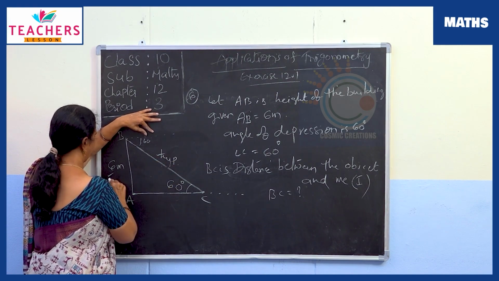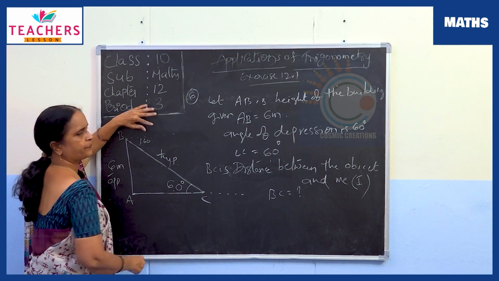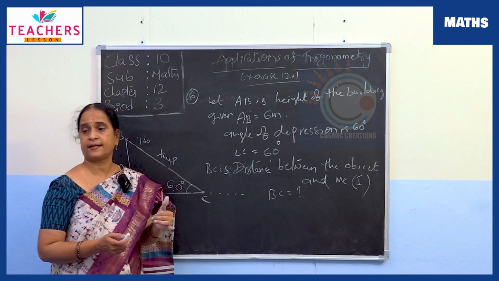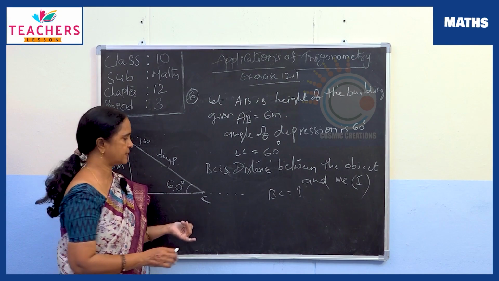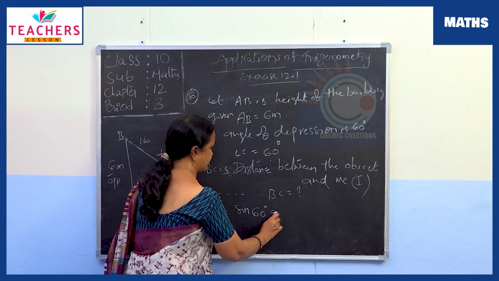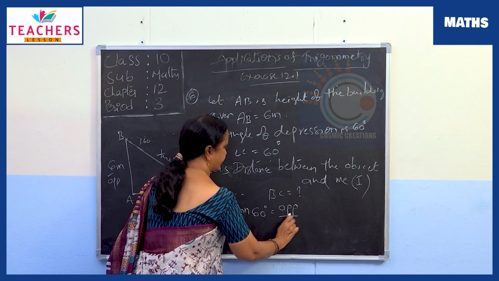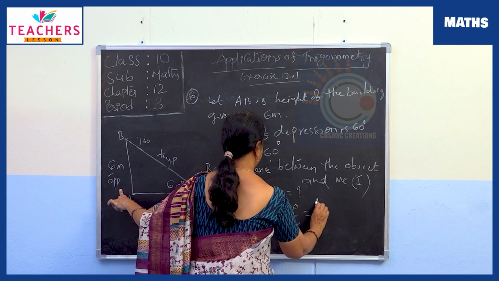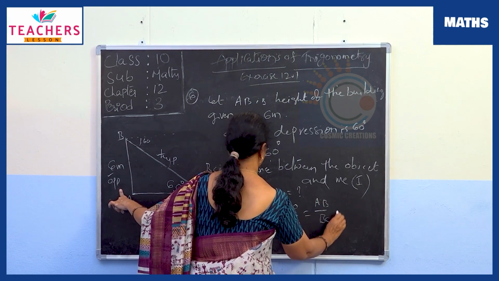This is opposite to theta. Opposite and hypotenuse, what is the relation? It is sine. Sine 60 is equal to opposite by hypotenuse, AB by BC.